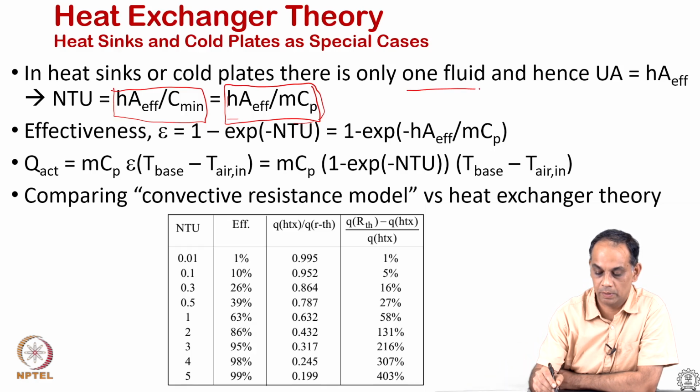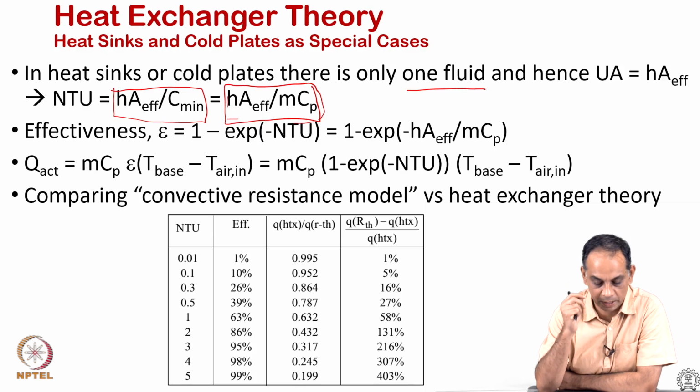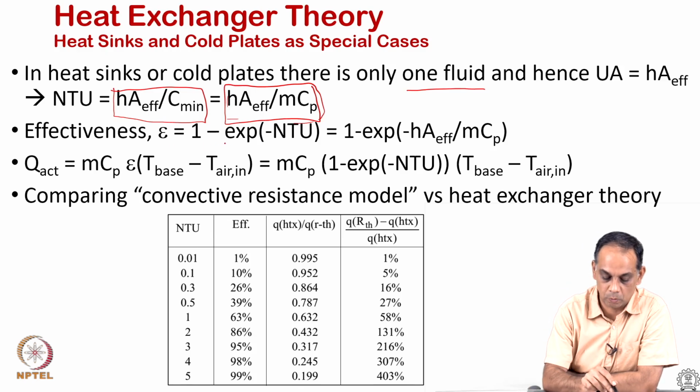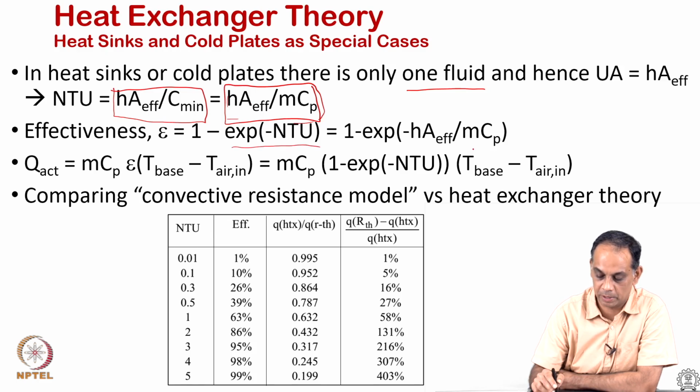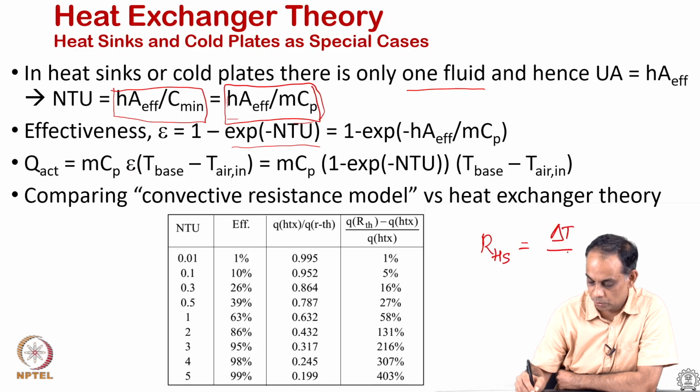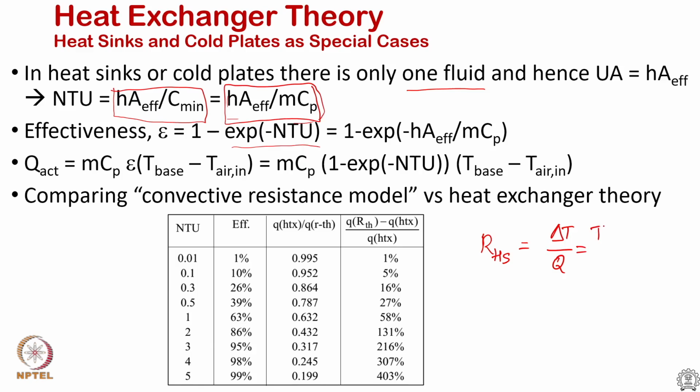This is well documented in the literature and in textbooks. So, effectiveness is equal to 1 minus exponential of minus NTU, and substituting for NTU, this is h A effective divided by MCP. So, now I can define the resistance of my heat sink as delta T by Q. This delta T is nothing but T base, which we called T hot in, minus T cold in, divided by the heat transfer rate.